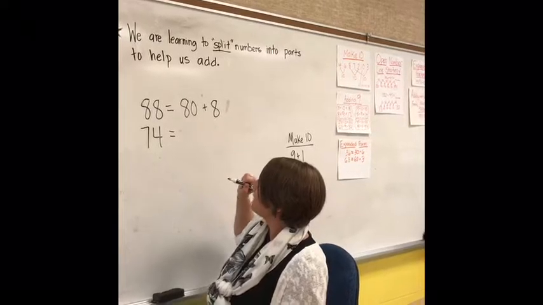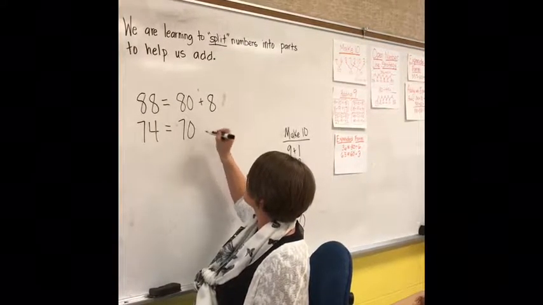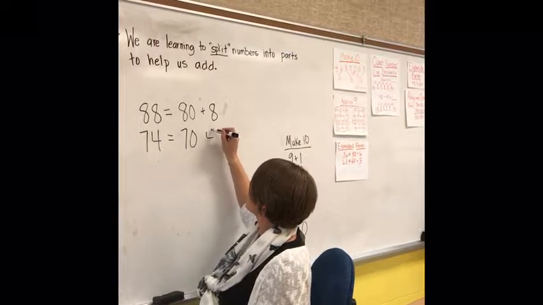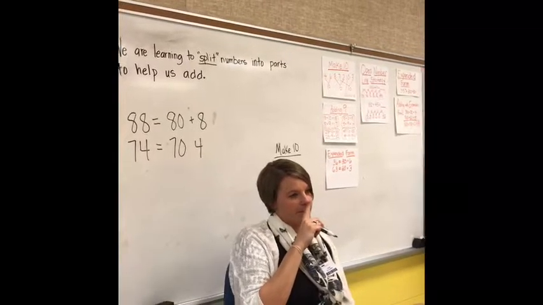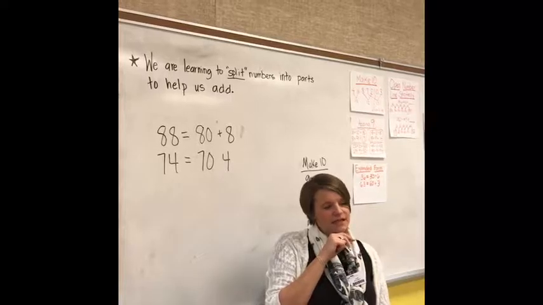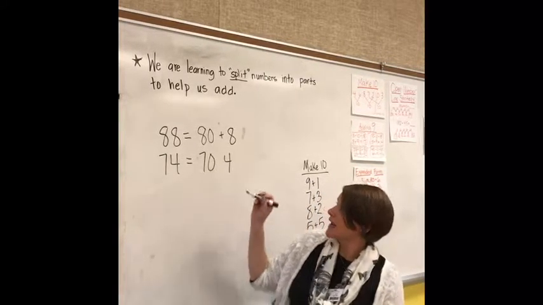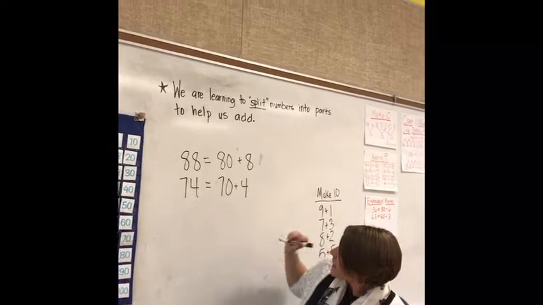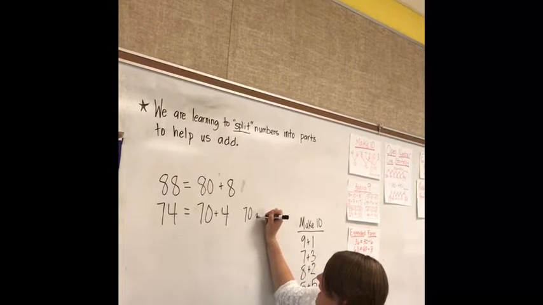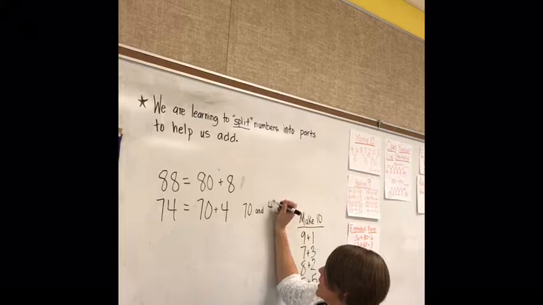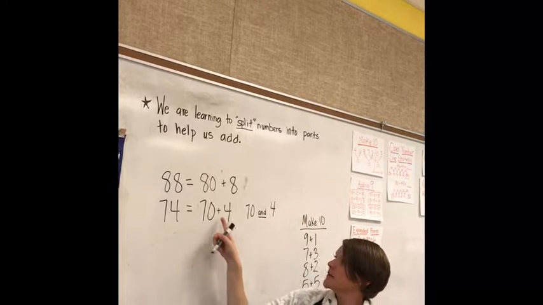What's yours equal? 70 plus 4. Finger on your nose if you agree. Do I need to add something, Rylan? What do I need to add? You need to add the plus sign. That's right. And do you know I can also write it like this, 70 and 4? Did you know and also means plus?